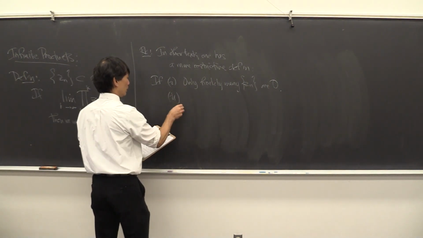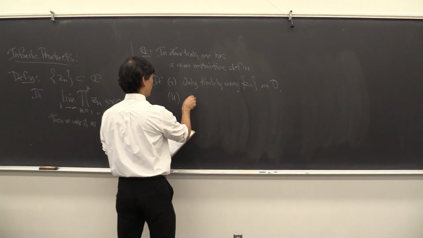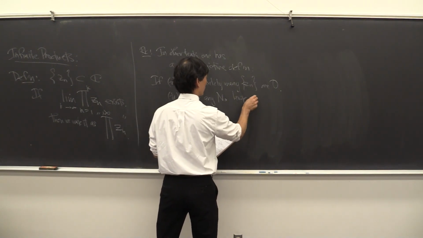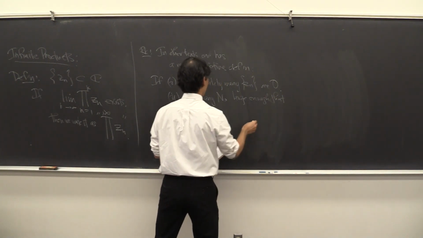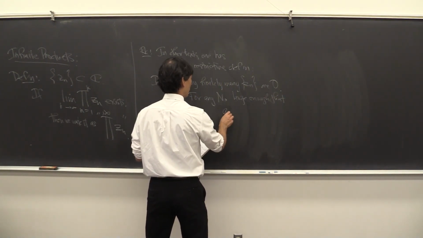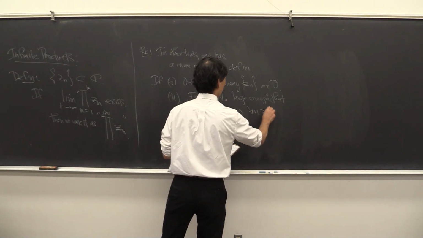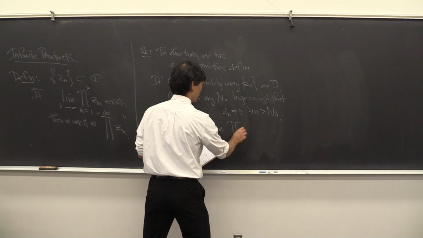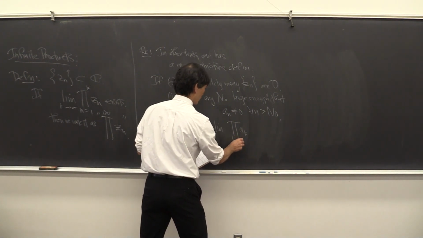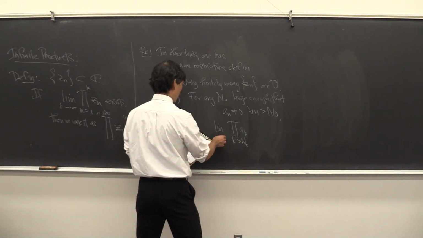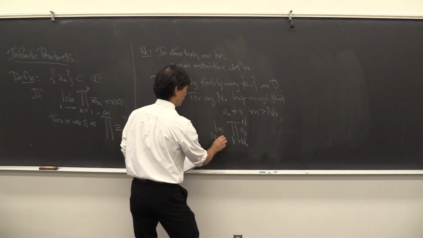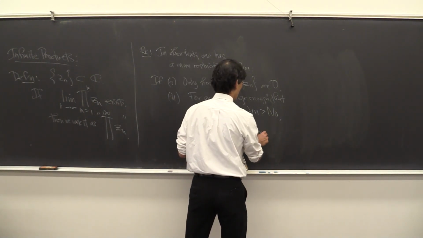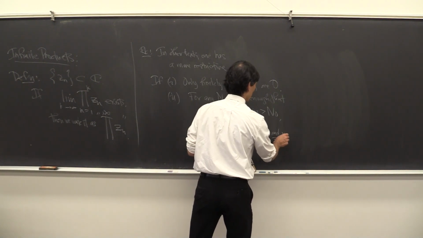And two, for any n naught large enough that a sub n is non-zero for all n greater than n naught, the limit of the partial products from n naught onwards, or after n naught, as the upper index goes to infinity, exists and is non-zero.